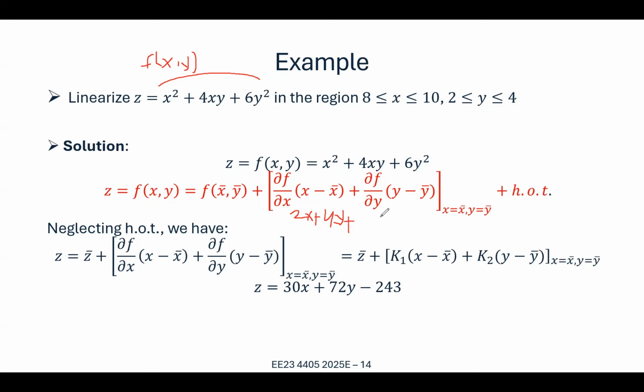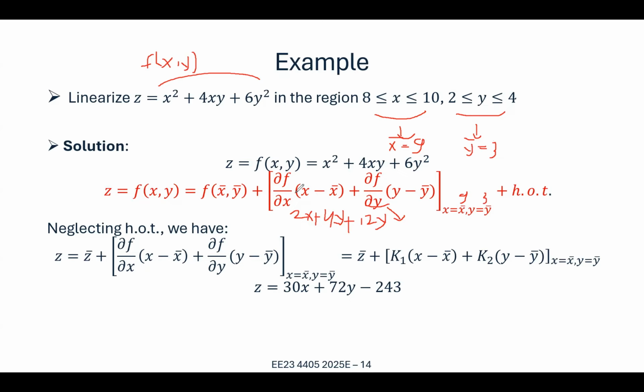And with respect to y, 4x plus 12y. Here x is x bar, so the average point for x is 9, and the average point for y, y bar, is 3. So we have (x minus 9) and (y minus 3).